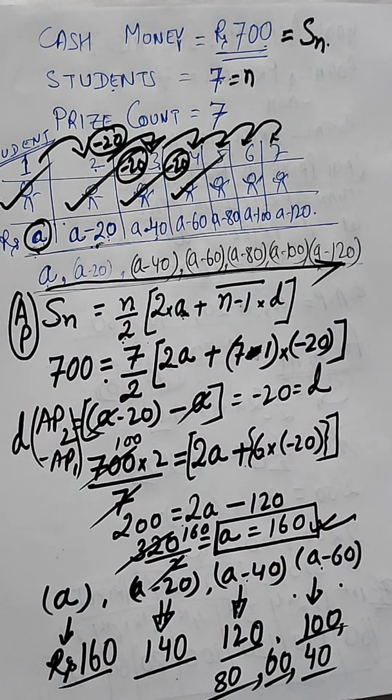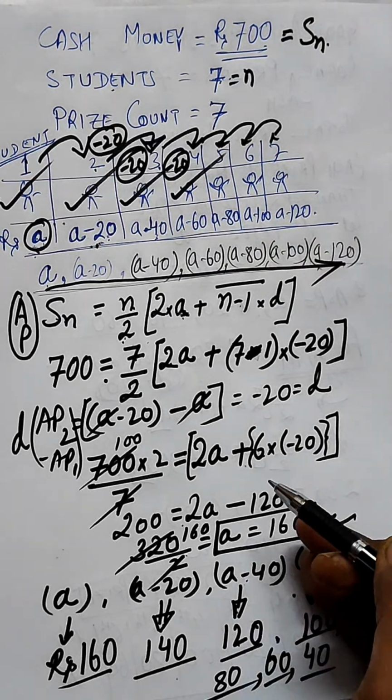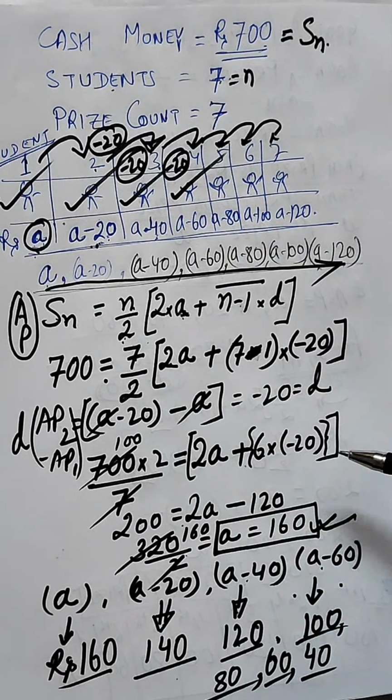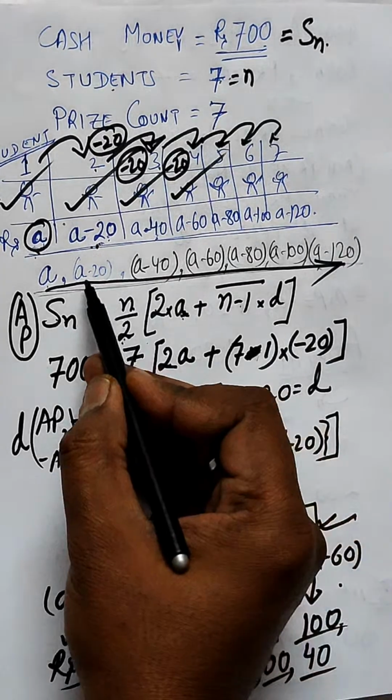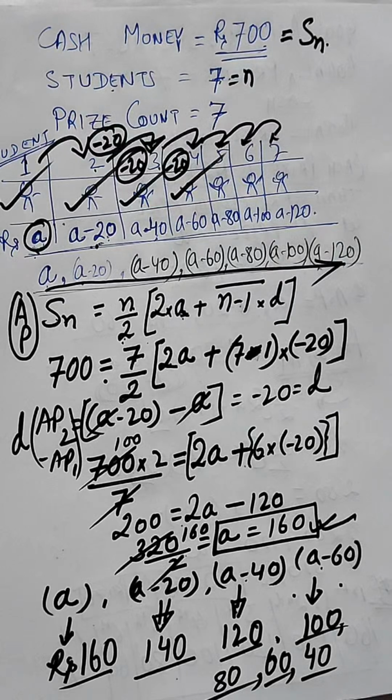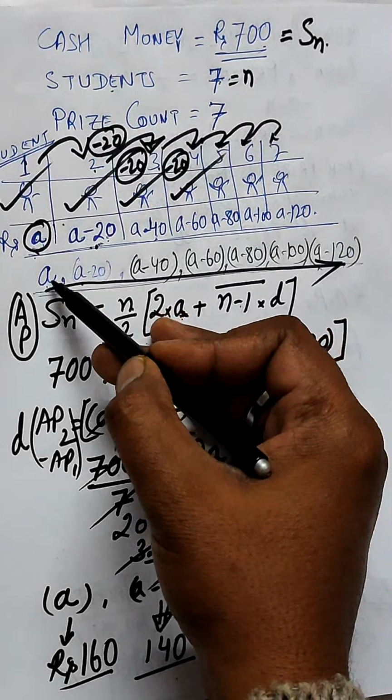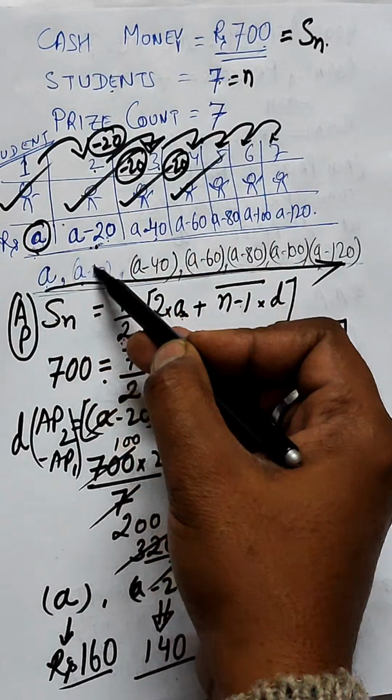So this was the question of arithmetic progression which we have discussed, where a sum of rupees 700 was given to be used to give cash prizes, 7 cash prizes, to students of a school for their overall academic performance. If each prize is rupees 20 less than its preceding, that means we have considered the first term as a and reduced 20 every time.